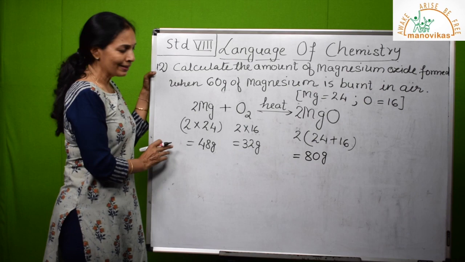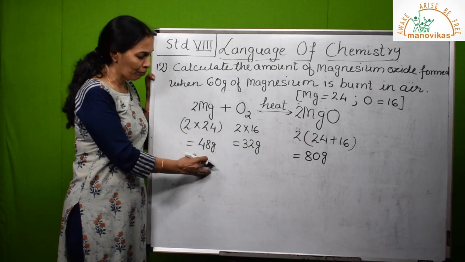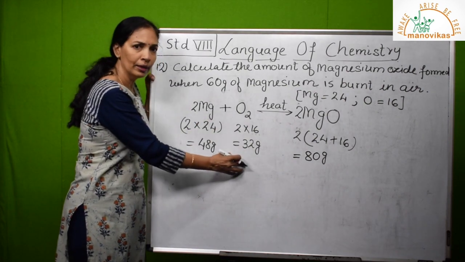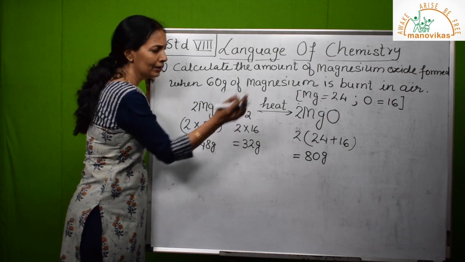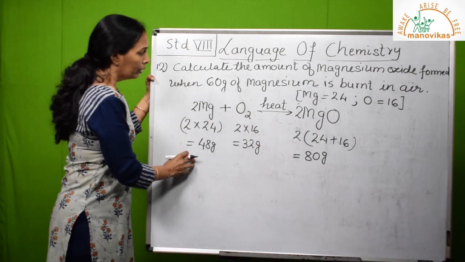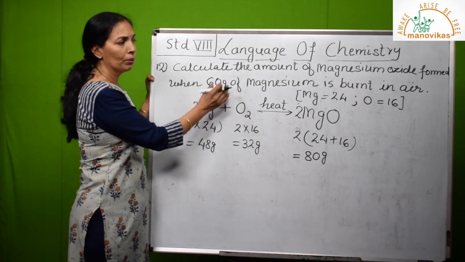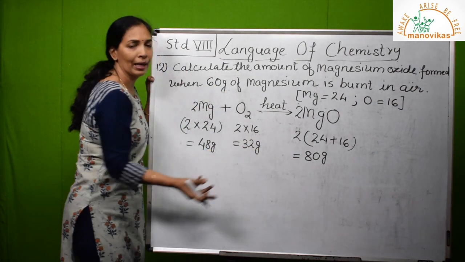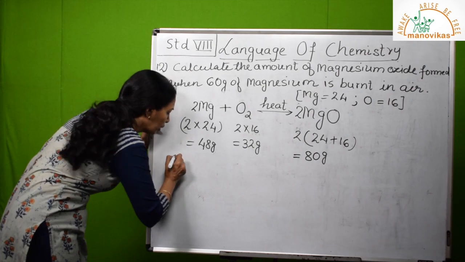Now here it tells us that 48 grams of magnesium combines with 32 grams of oxygen when heated and forms 80 grams of magnesium oxide. Now let us see, if 60 grams of magnesium is burnt, then how much magnesium oxide is produced. So write the statement.